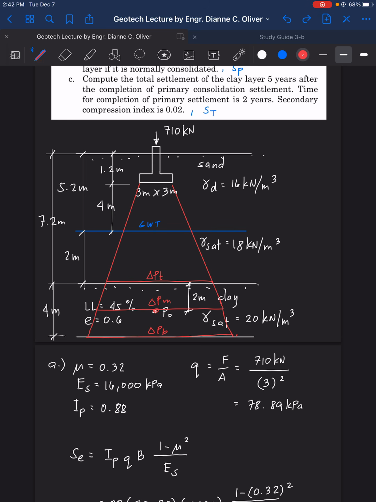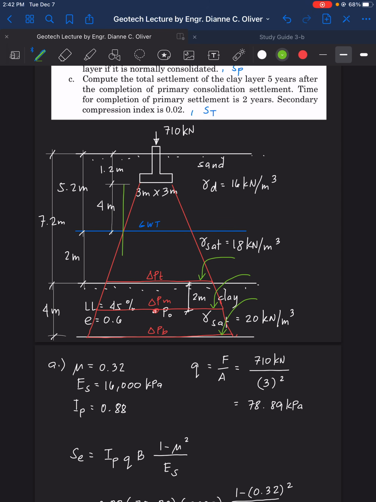So let's use a different color. Here we have twice 1/2 of the height.